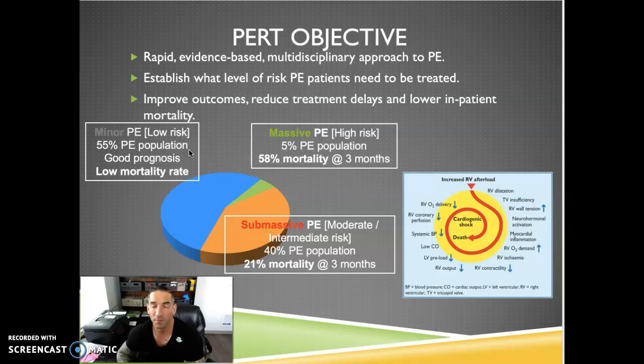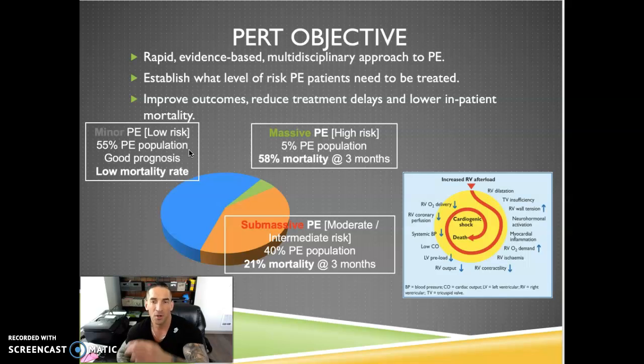They do have a fairly high mortality rate of 21% at 3 months. These are the patients that are admitted to, say, the ICU and might just be observed for a day or two in the ICU by a pulmonologist or intensivist, and there's really no definitive treatment protocol for what to do with these submassive patient populations.